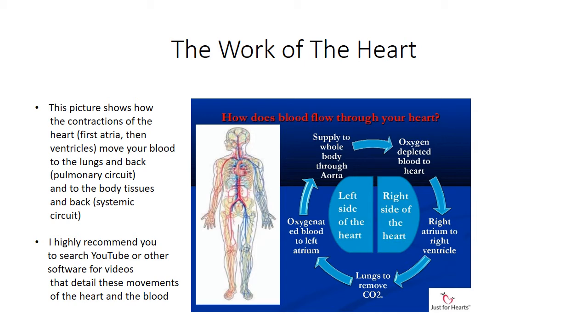And via the pulmonary arteries, which again branch, forming arterioles and capillaries, etc., the blood flows to the lung, and in the lung, as you remember, it becomes oxygen rich, and also it gets rid of carbon dioxide, which we exhale. And then it flows back to the heart, right, to the heart.